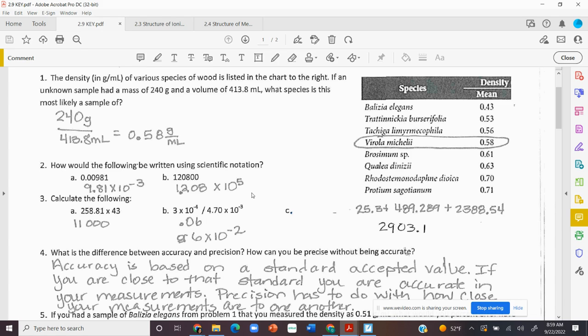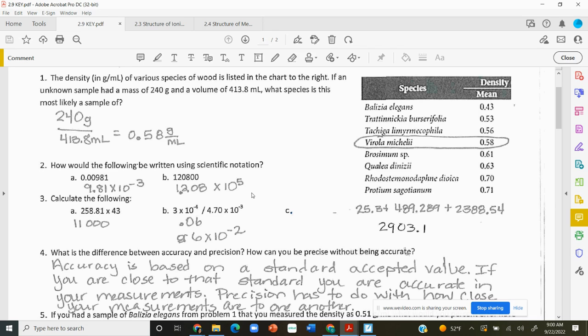I'm going to slide it 1, 2, 3, 4, 5 spaces. I went this direction this time, so this is going to be a positive value here. So I have 1.208 times 10 to the 5th. Any questions about that? Anything that doesn't make sense?